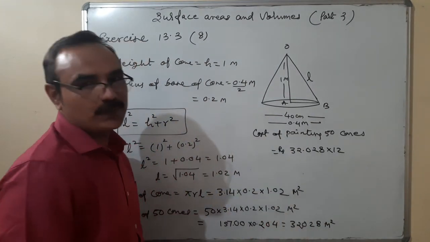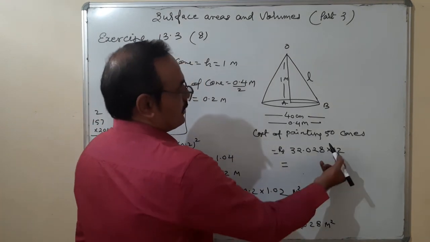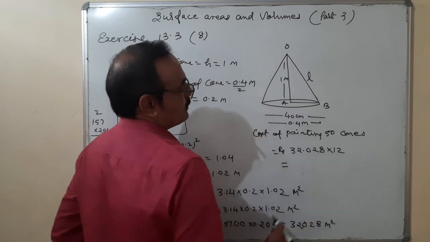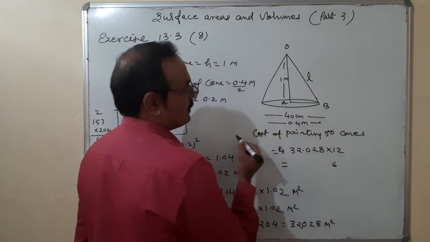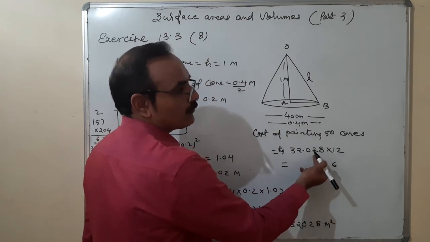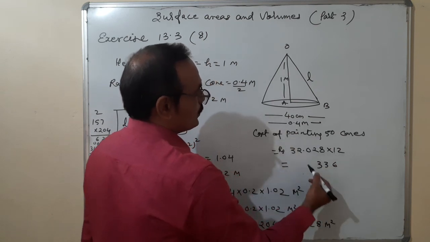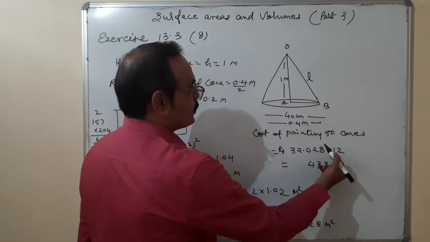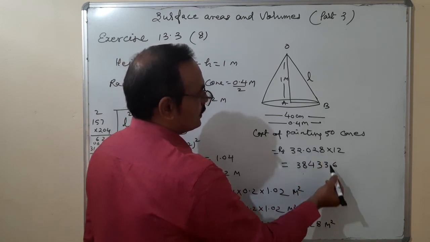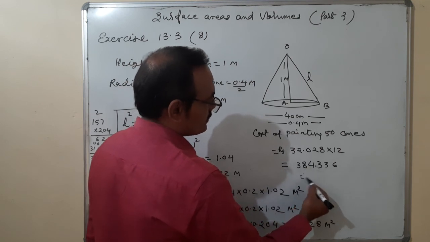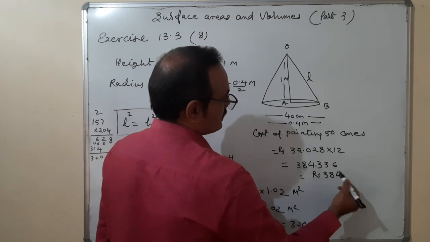Answer is coming in rupees because it is rupees 12 per meter square. So multiplying this term, 12 times 8 is 96, and so on, after decimal 3 places. So the answer is rupees 384.336, so 384.